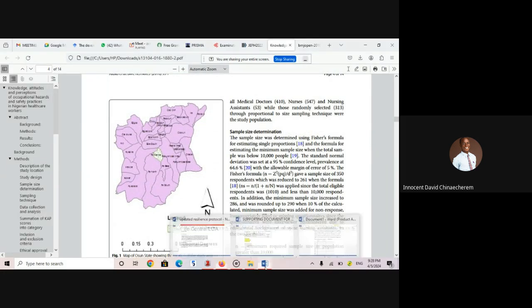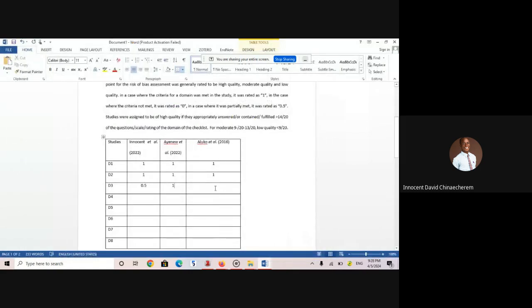So mine was 0.5, partial, because I haven't stated how I calculated it. And besides, there was no sample size calculation for this study because it was a proposed sample. So alternatively, you can also mark this as 1 or 0. So no, 1 or 0.5 as being partial.